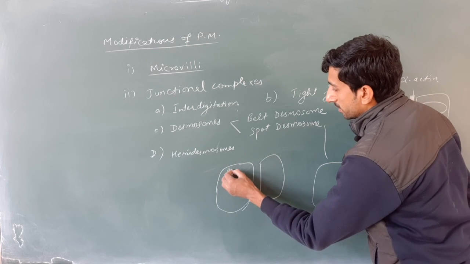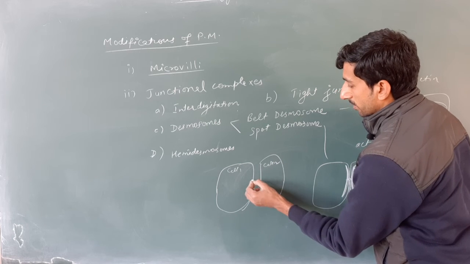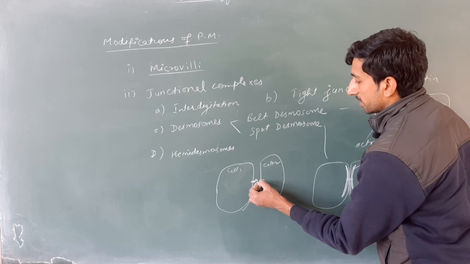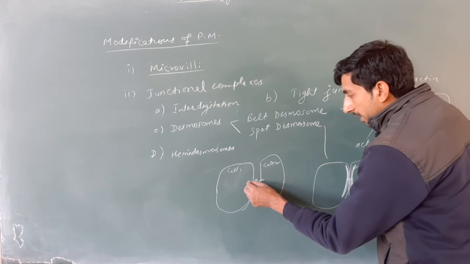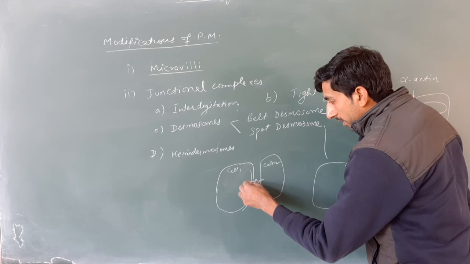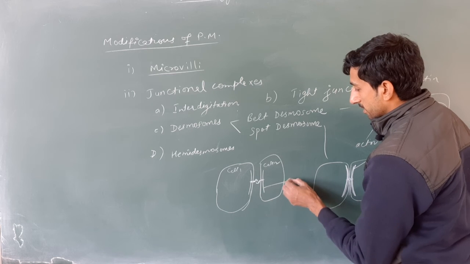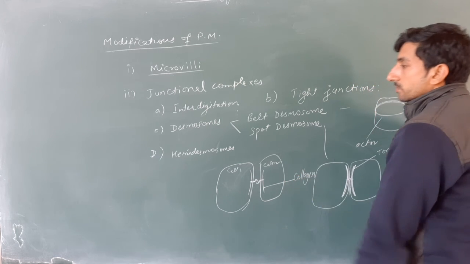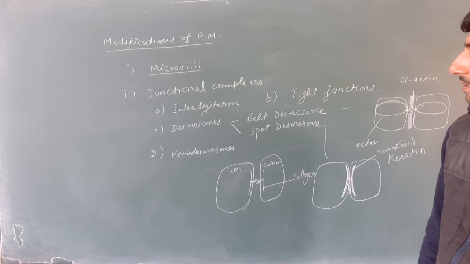This is cell 1, cell 2, and this is a membrane protein which is forming association with the surface protein of another cell. These make association with the collagenous strands which are present inside the cells. This strand is formed of collagen. Hemidesmosomes are found in the intercalated discs between the cardiac muscle cells.